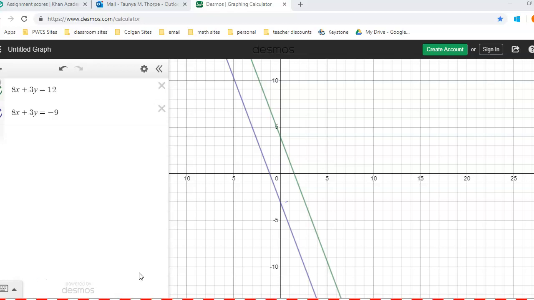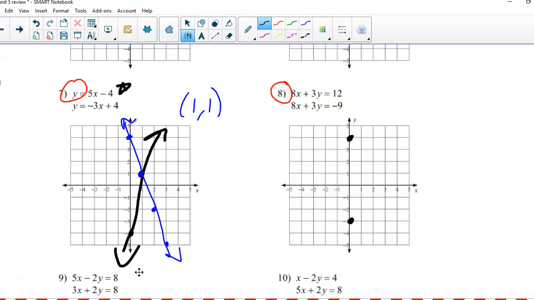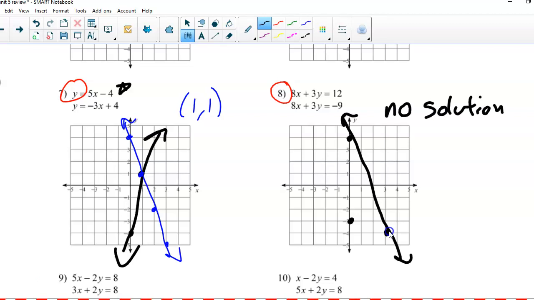It's like 8/3. Mine don't really look parallel, but they should be.